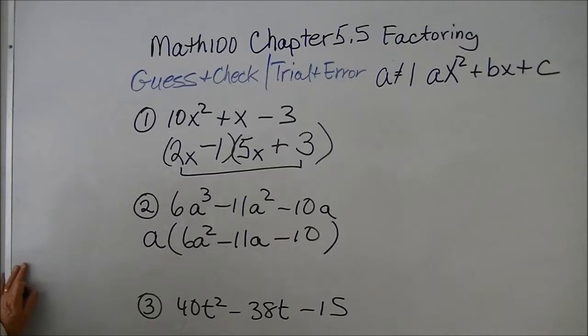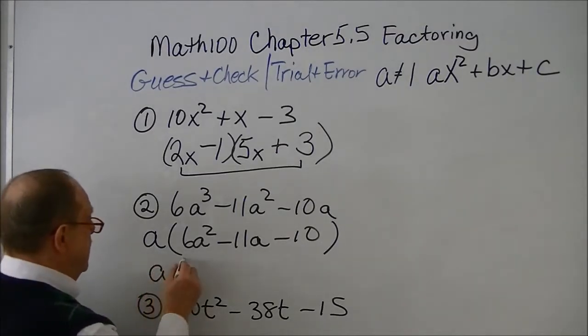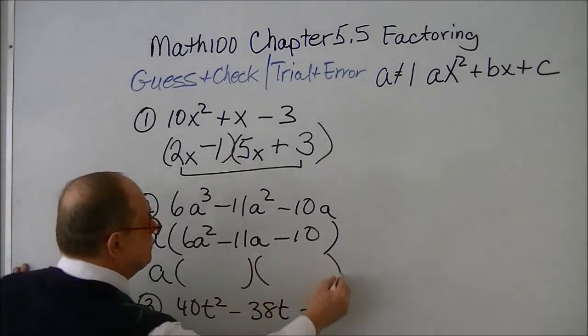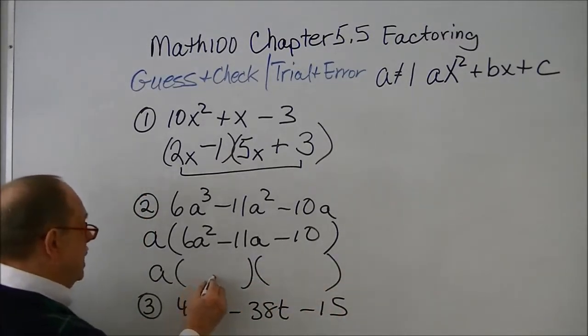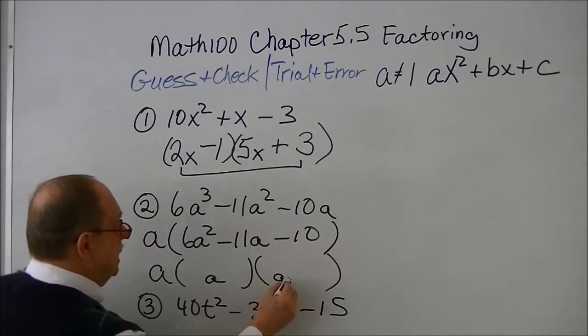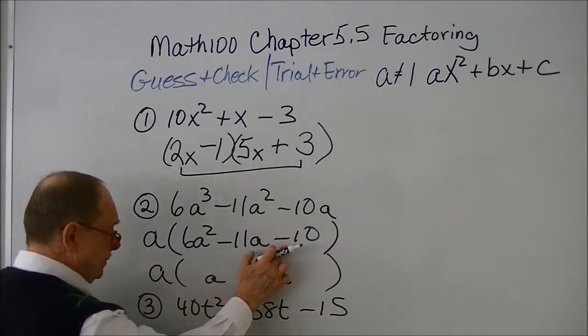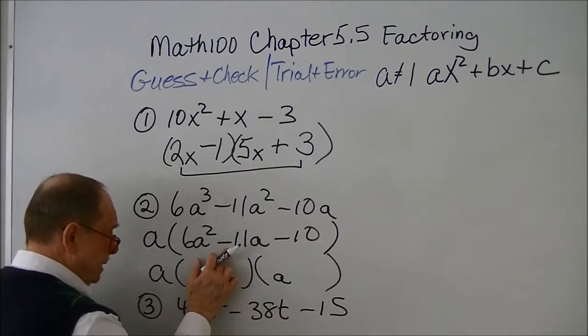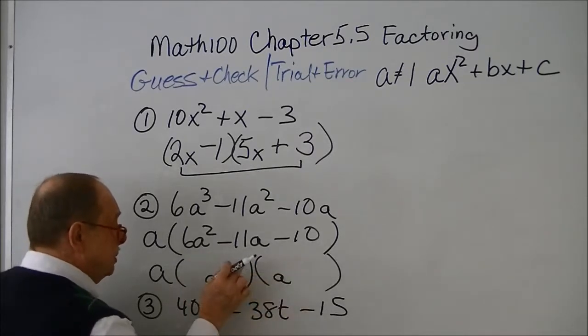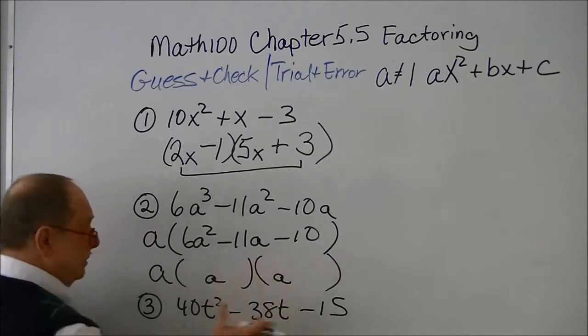Okay. Now again, we're guessing and checking. We need the A, and we know our A is going to be there, and our A is going to be there. Now look at the signs. This is negative, this is negative. So one of these signs will be positive, one will be negative. Keep that in mind.